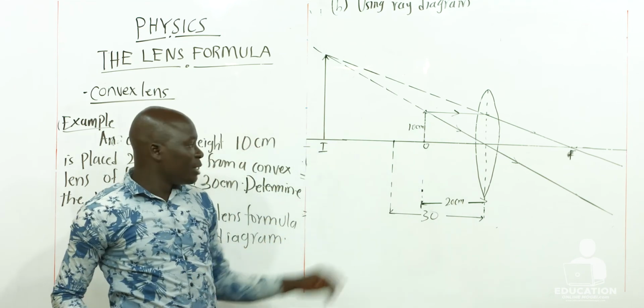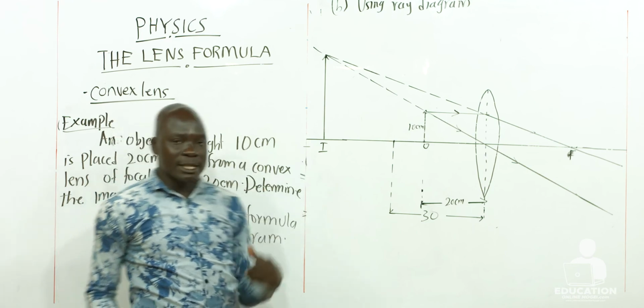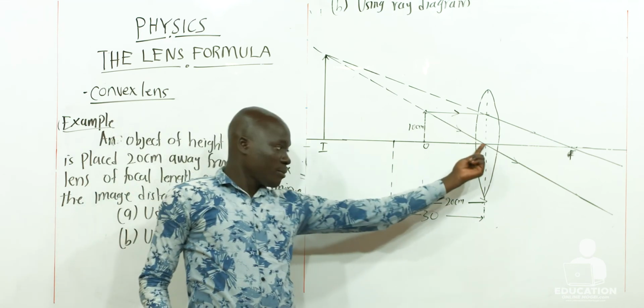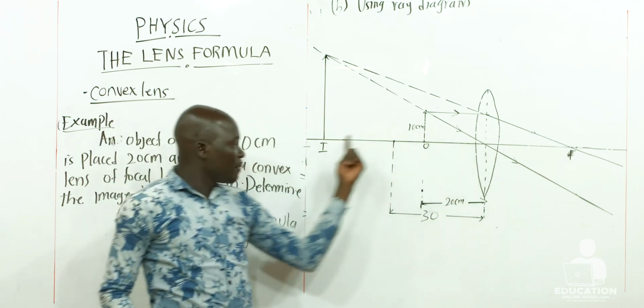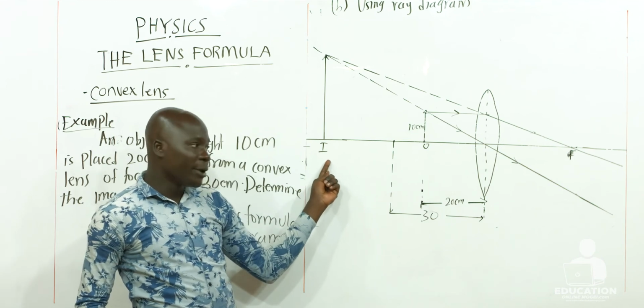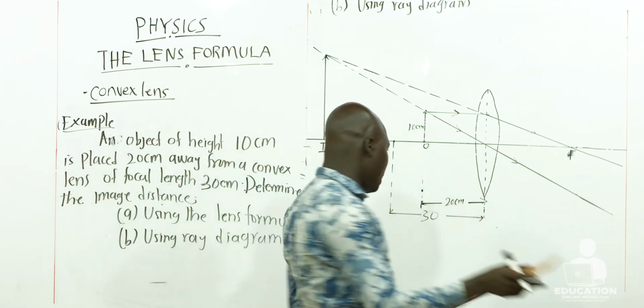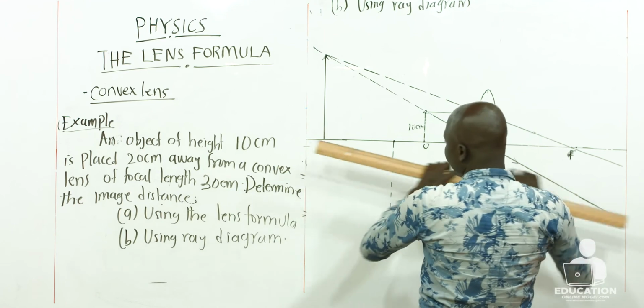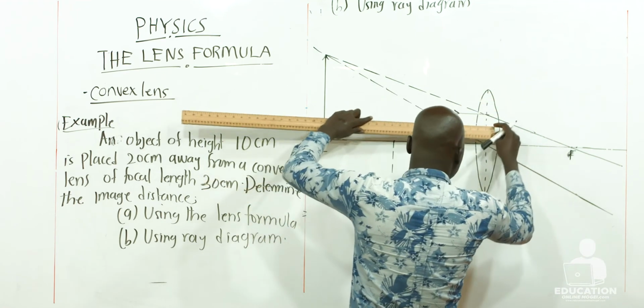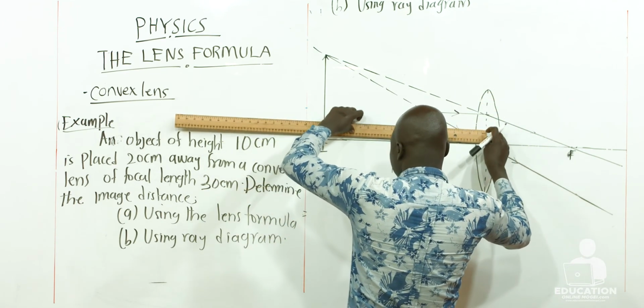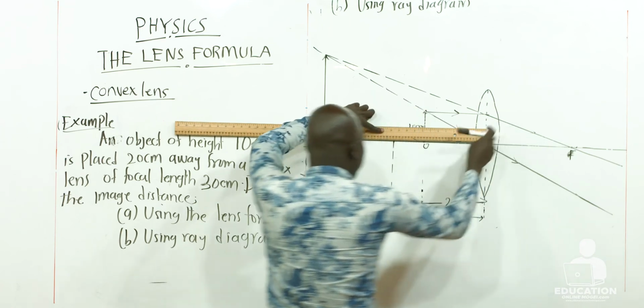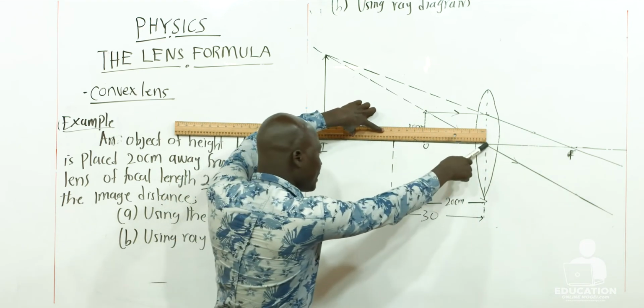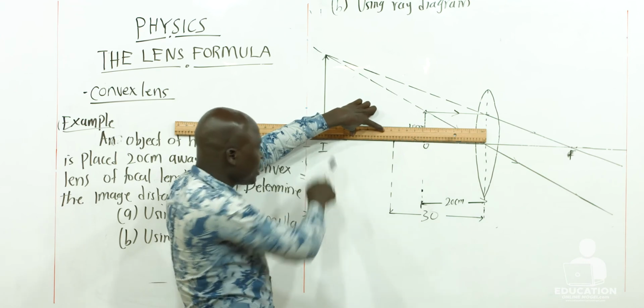So now to determine the image distance, we are going to measure the distance between the optical center and the position of the image. Now using our ruler, we are measuring the distance between the optical center and the position where the image is formed.